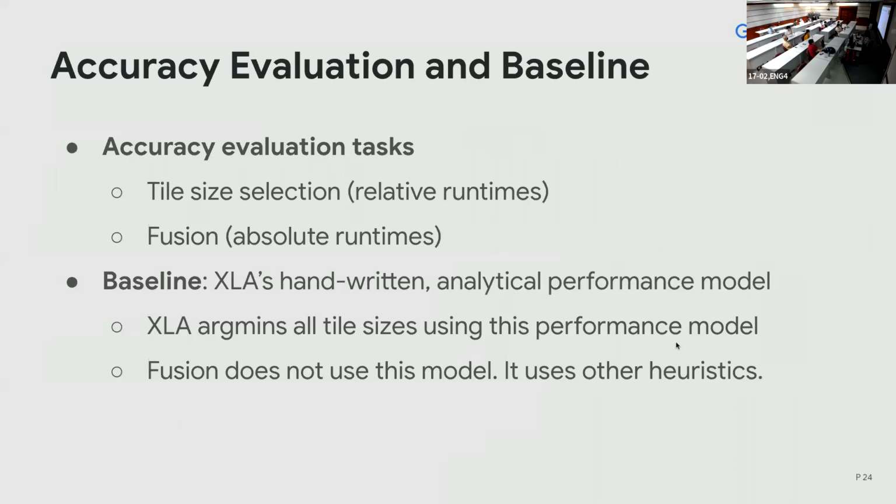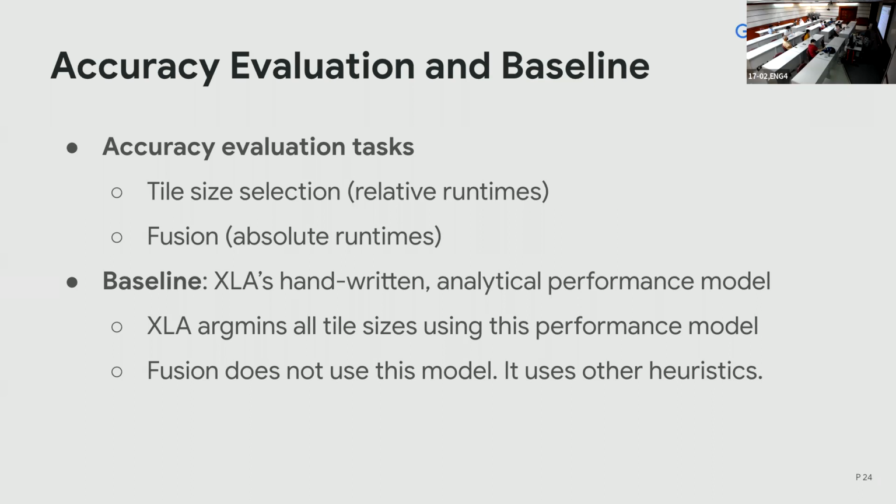And the two types of tasks that we are considering when we develop the cost model are, first, tile size selection. For this one, as I said, we mostly care about the relative runtimes or the ranking. We also evaluate this on fusion: essentially, given an arbitrary fusion operation or kernel, let's try to predict the absolute runtime.